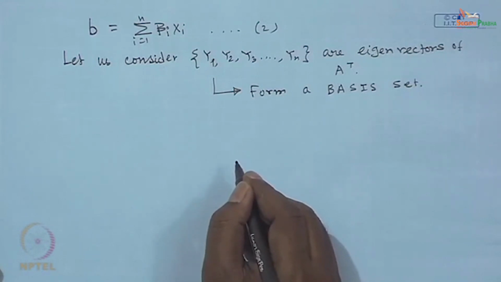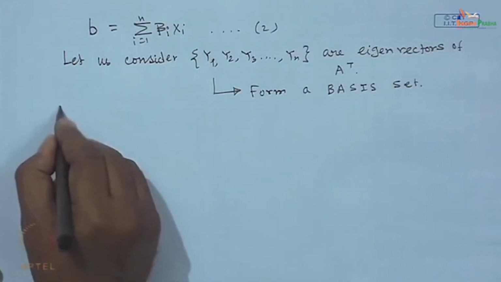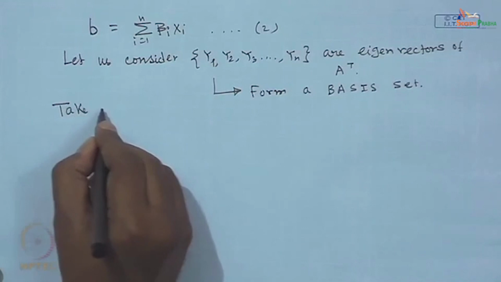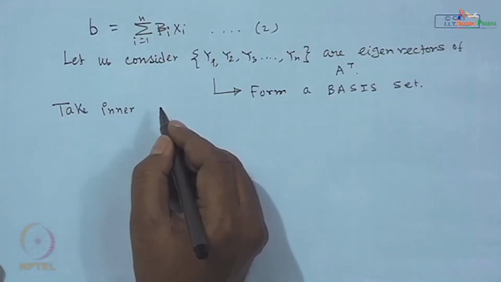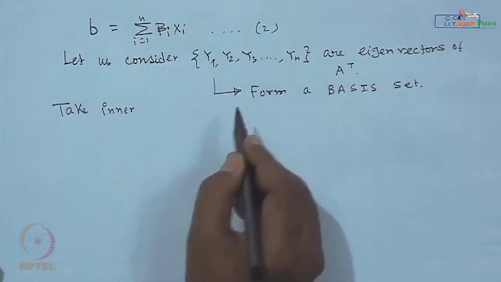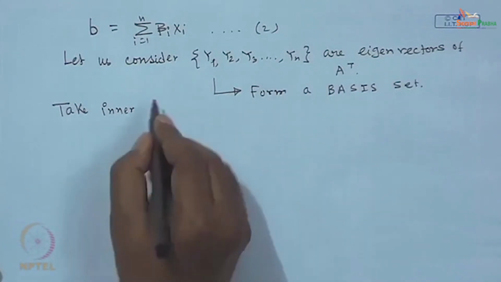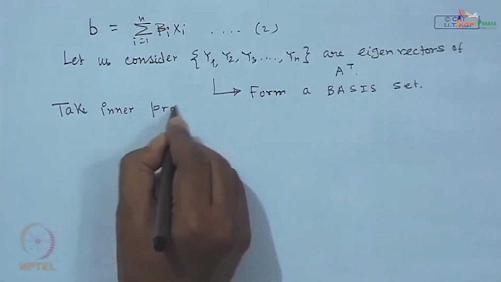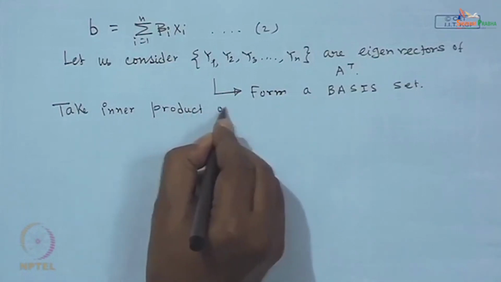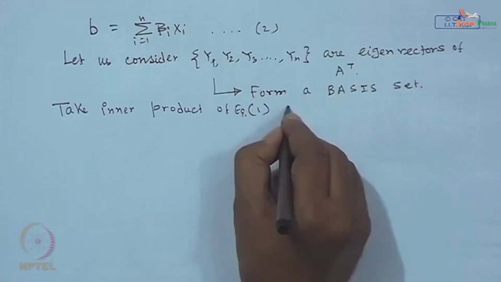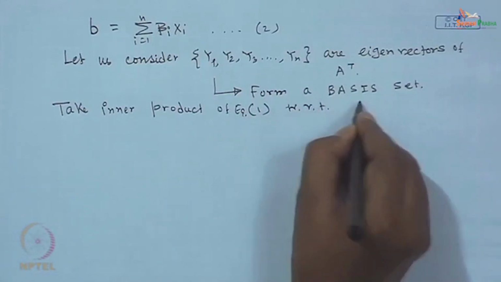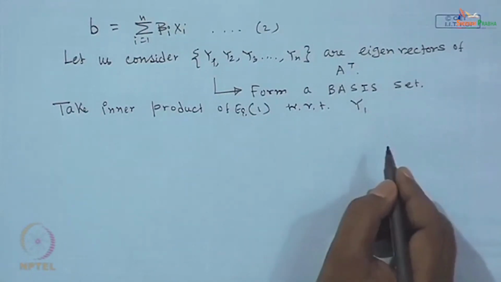Now, next what we do? We take the inner product of equation 1 with respect to any eigenvector of A transpose, let us say with respect to y 1.